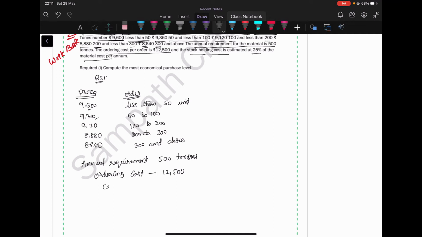Stock holding cost and carrying cost are the same. This is the information we have extracted from the question.